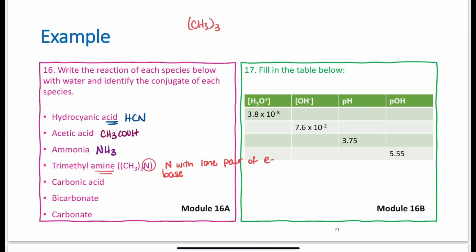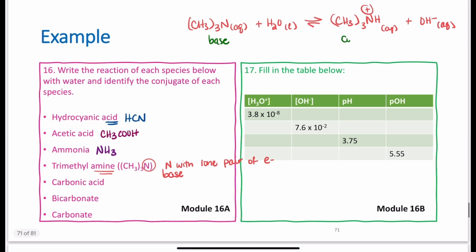So (CH3)3N plus water, equilibrium arrows, (CH3)3NH+, it gained a proton, plus OH-. This is acting as your base, which makes this the conjugate acid. This is acting as your acid, which makes this your conjugate base.